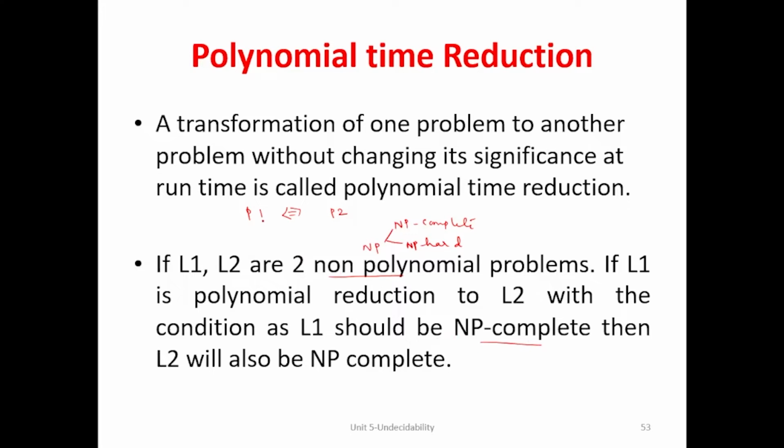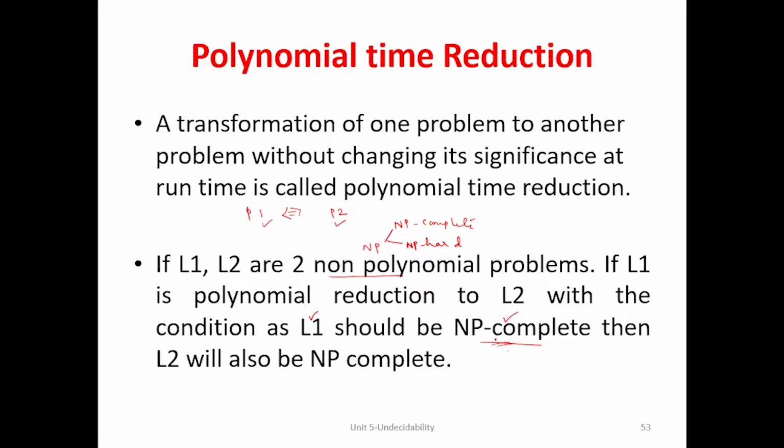So in which situation can problem P1 be reduced to P2? If P1 has a solution and P2 also has a solution, then we can reduce P1 to P2. Like that, if L1 is reduced to L2, we can find a solution for L1, so L1 should be NP complete. In which situation can you say that a problem is NP complete? If we are able to find a solution for NP problems under a particular condition, then those problems are considered NP complete.